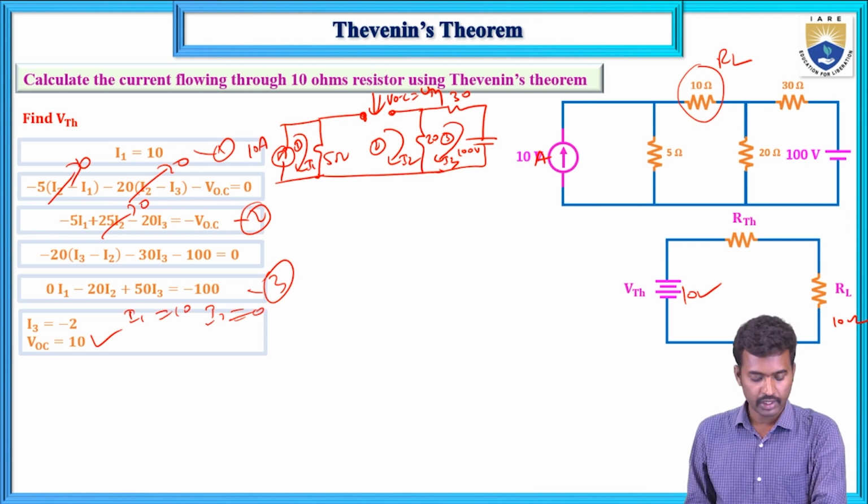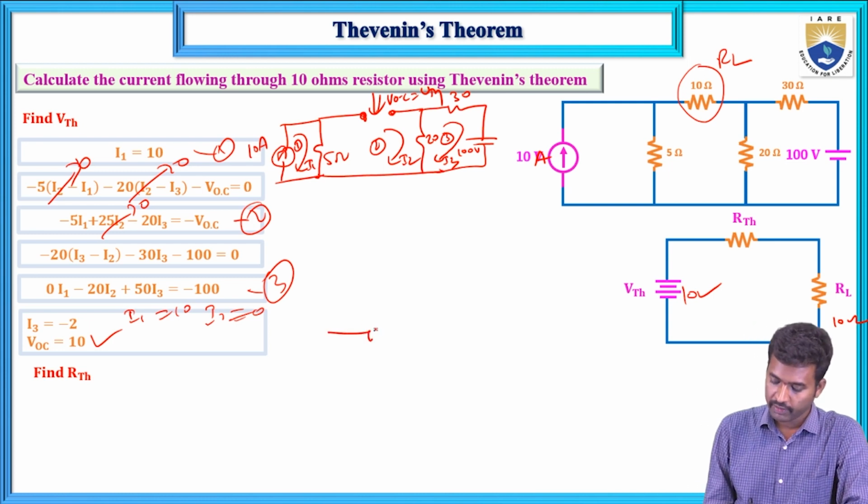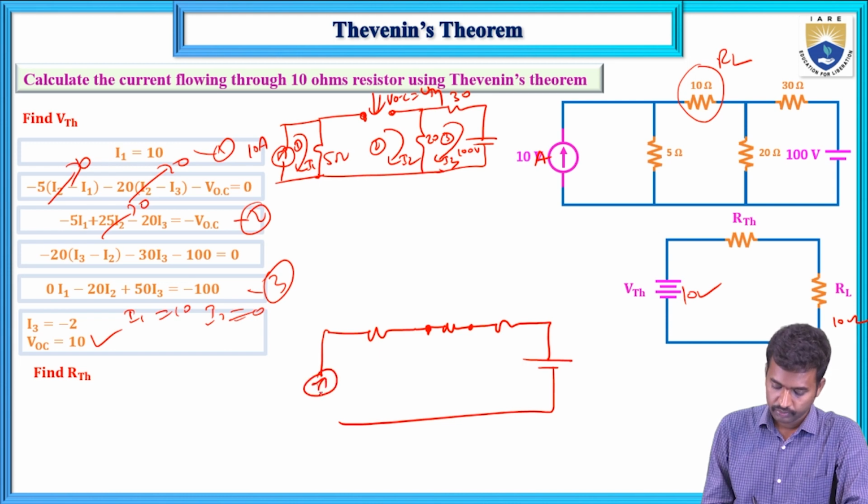Now RTH can be calculated. First remove the load resistance from the given circuit. This is 5 and this is 20.